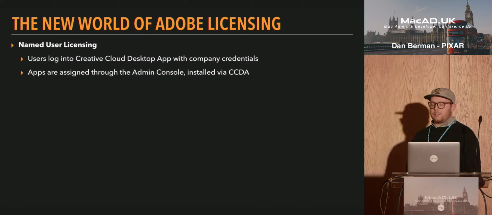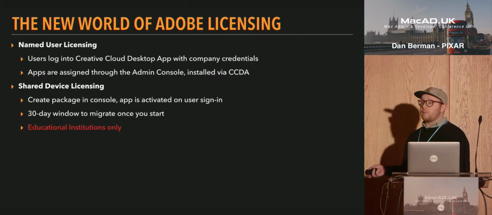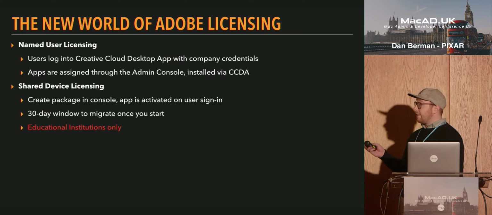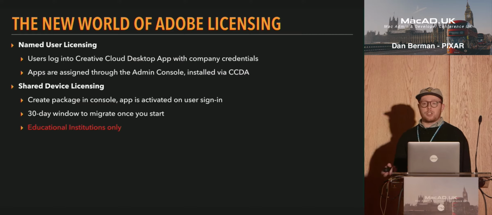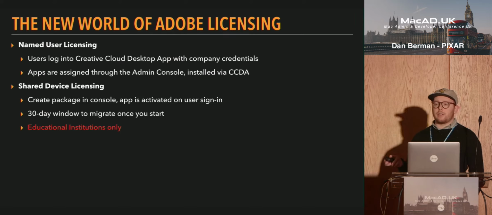So in the new world, we have named user licensing, which is pretty much the exact same as it was before. And instead of device licensing, we now have shared device licensing, which works as a way for educational institutions only to license lab machines. So it's still sort of a machine license, but users still sign in, students still sign in to get access to their Creative Cloud libraries and to actually have the app be licensed.